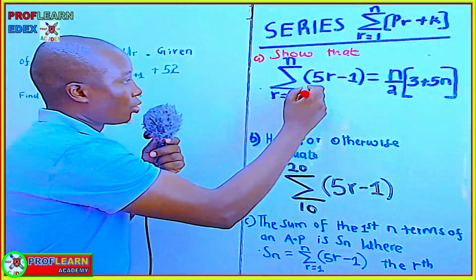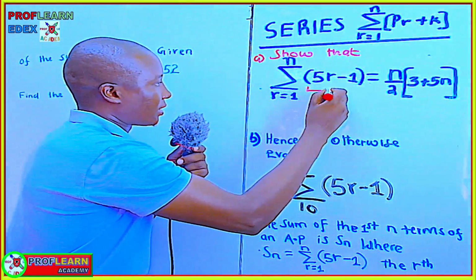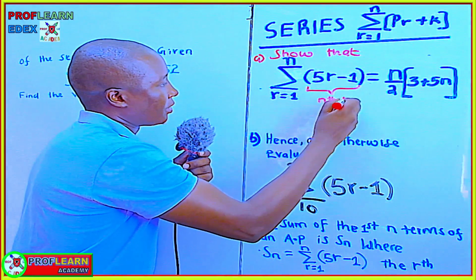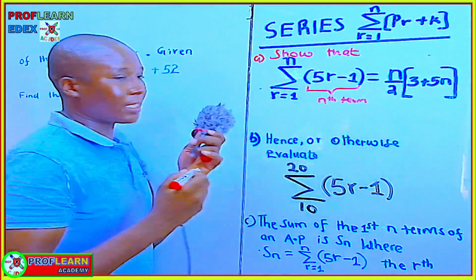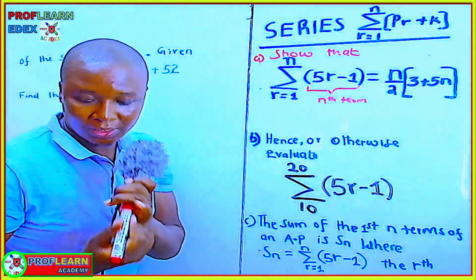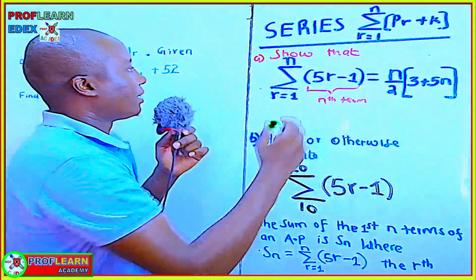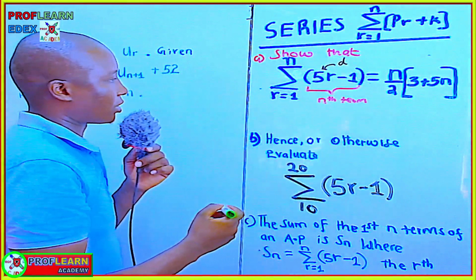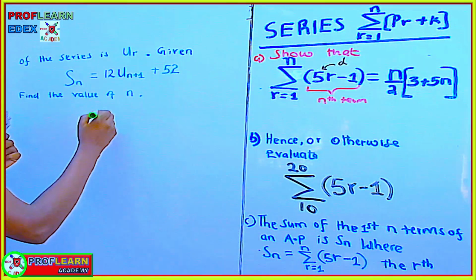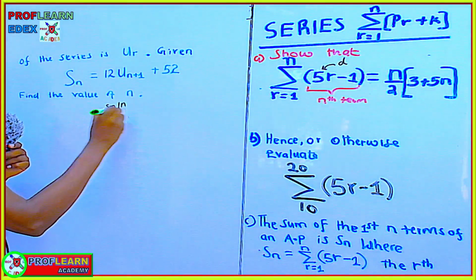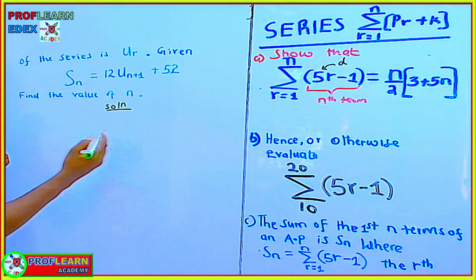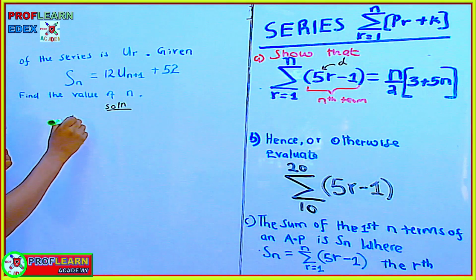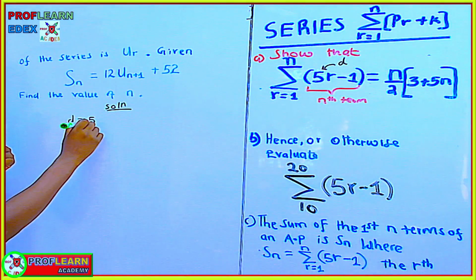Now, something I told you in the previous video is that this part represents the nth term, and this number represents the common difference. So, to start working out this question, you need to identify that the nth term is 5r minus 1, and the common difference d is 5.